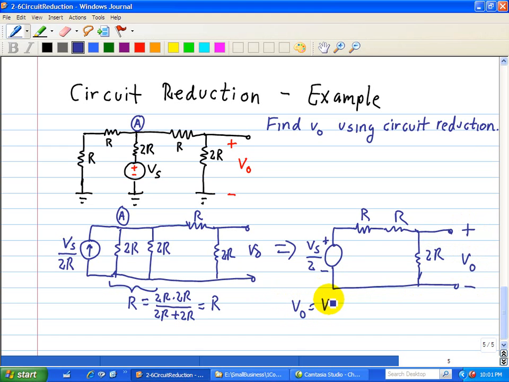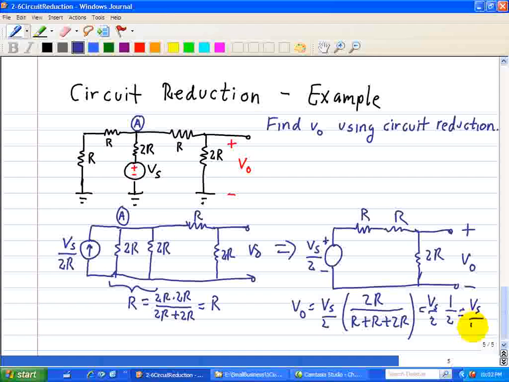We have our input voltage of Vs divided by 2, and 2R over R plus 2R, which we just use voltage division. So this is just Vs divided by 2, and this 2R over 4R, which is just 1/2, which is just Vs divided by 4. So that's our final answer associated with this circuit.